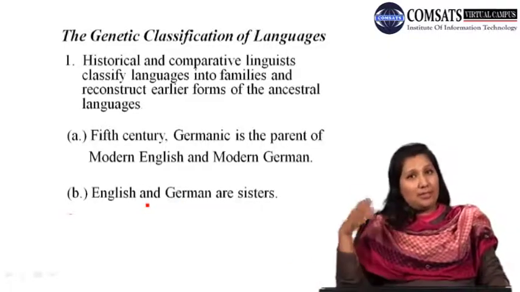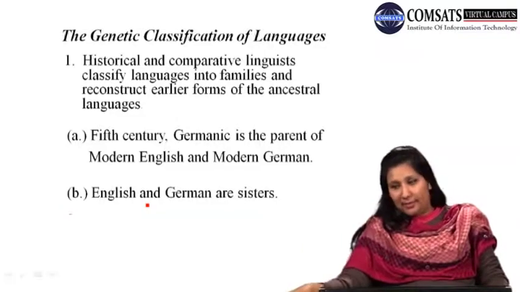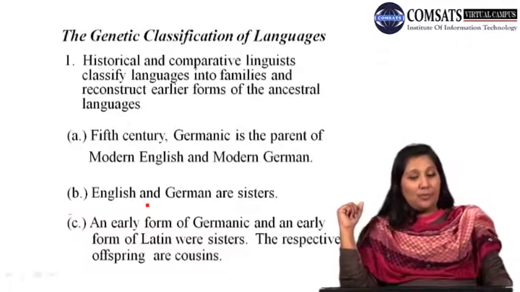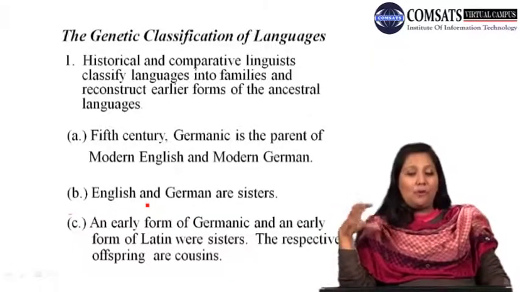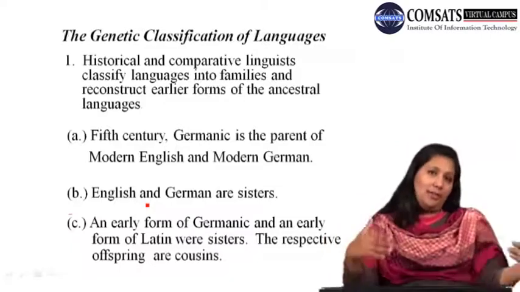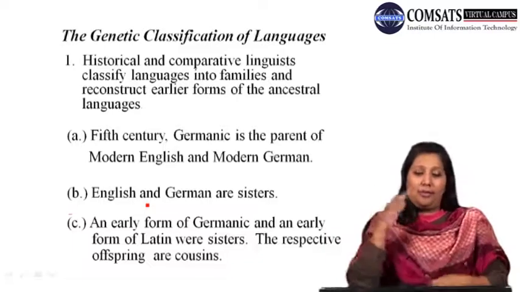English and German are sisters. They are sister languages, coming from the same one mother tongue. An early form of Germanic and early forms of Latin were sisters. The respective offspring are cousins. Yes, this is what we have talked about earlier, that the respective offspring or descendants would be cousins and the rest of them would be sisters.